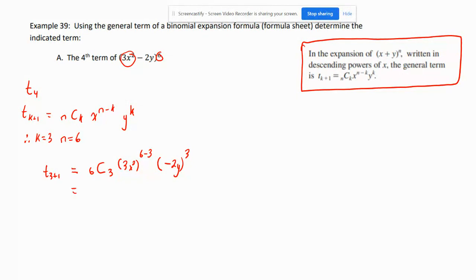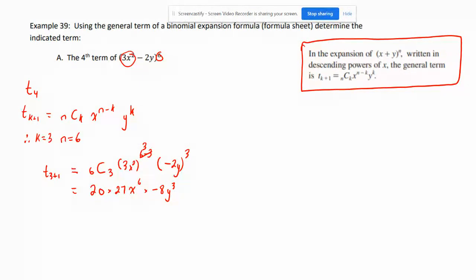Okay, 6 choose 3 is 20. Okay, this 6 minus 3 is just 3, times 3 cubed is 27, x to the 6, times negative 2 cubed is negative 8, y cubed. Guys, I'm just going to do this on my phone because I don't have my calculator right in front of me right now.